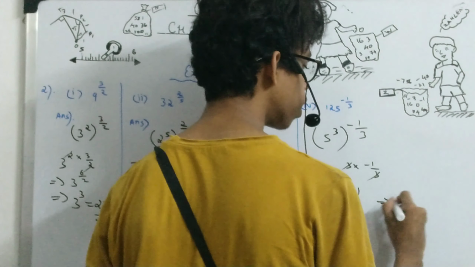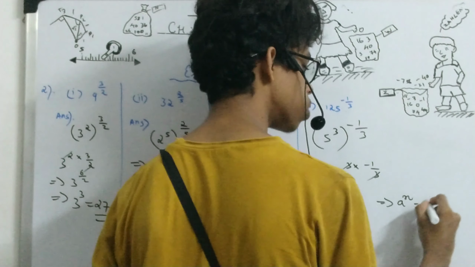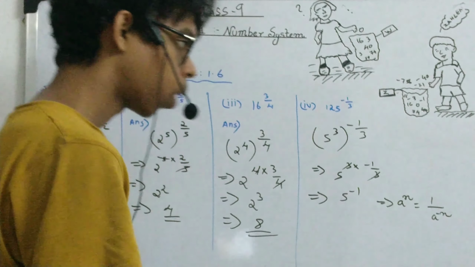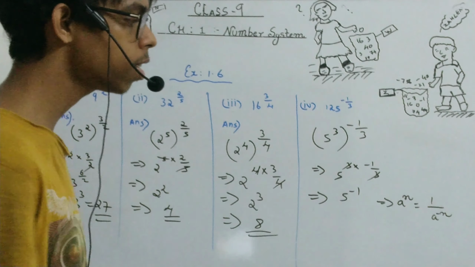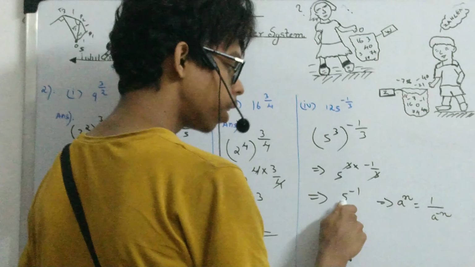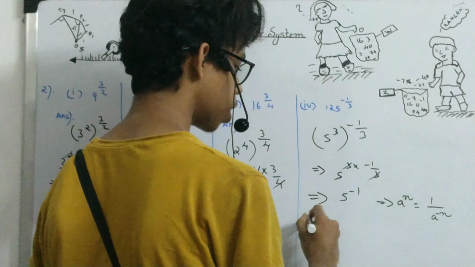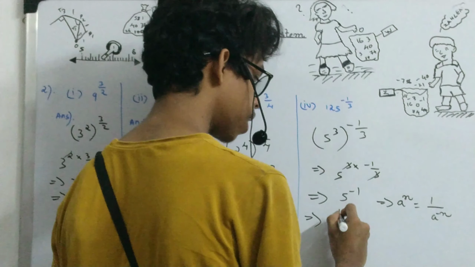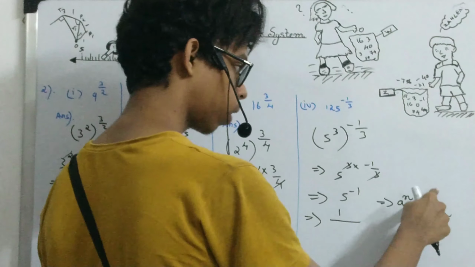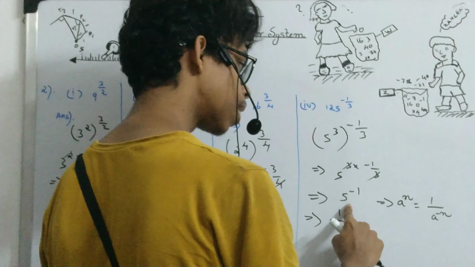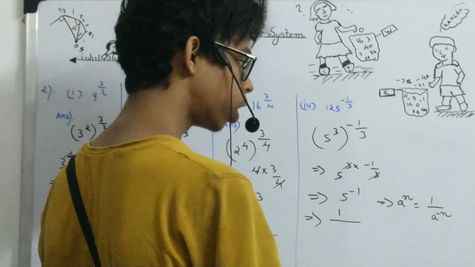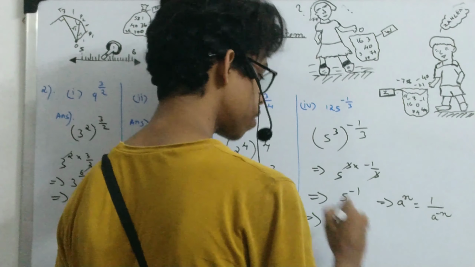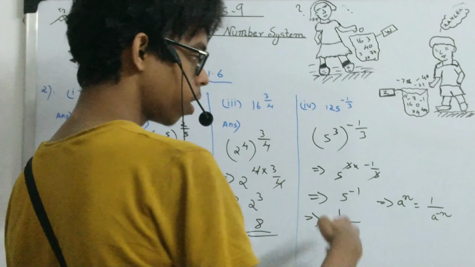Now we have learned our identity, that is a raised to n is equal to 1 by a raised to minus n. So here we have to use this identity. So now here it is 5 raised to minus 1. If I want to bring this to the denominator, I can write it as 1 by 5 raised to minus 1. When it goes to the denominator, the sign should change. So it should become 5 raised to positive 1.